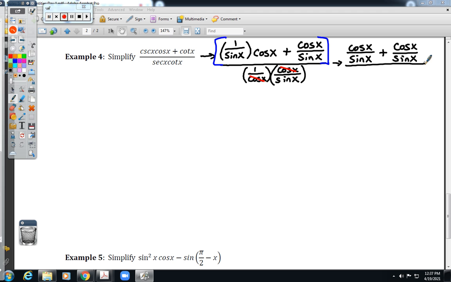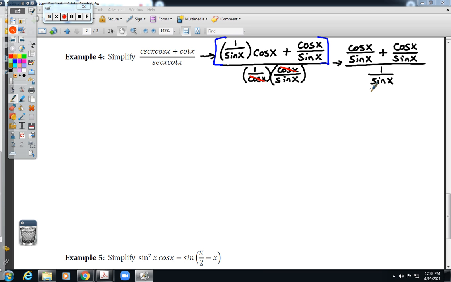And in the denominator, we have 1 over sine. Now the numerator of that expression is still 2 terms. Do we need to do anything to get a common denominator? Don't they already have a common denominator? They're both already over sine x, yes? So I'm just going to add those together.